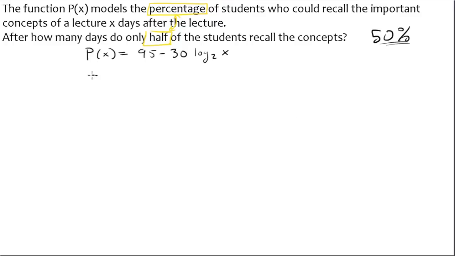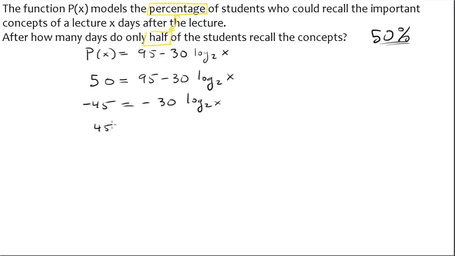We're going to say 50 is equal to 95 minus 30 log base 2 of x. Negative 45 is equal to a negative 30 log base 2 of x. 45 over 30, or you know what, 15 goes into here 3 times, 15 goes into here 2, so 3 halves is equal to the log base 2 of x.